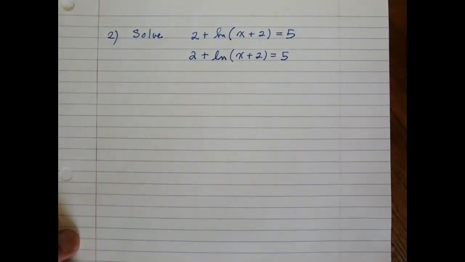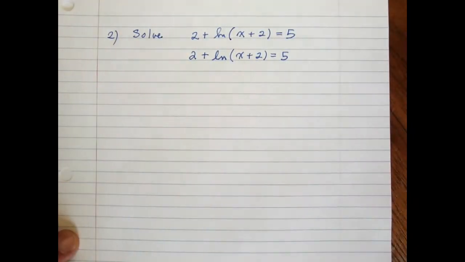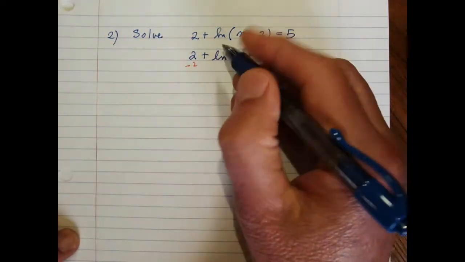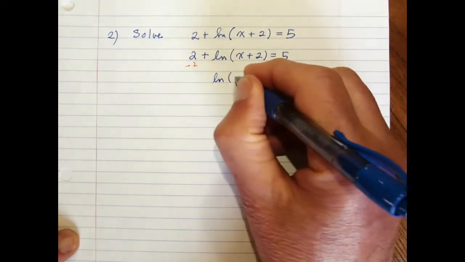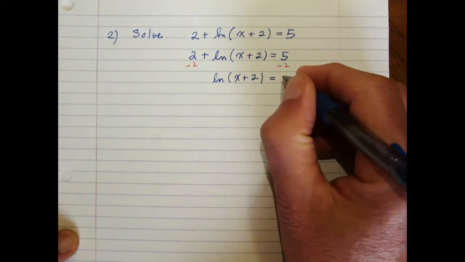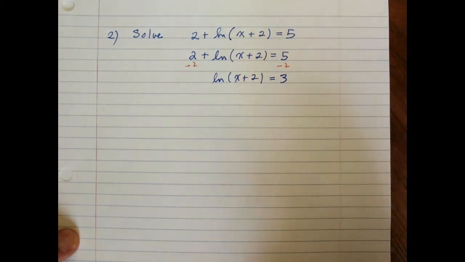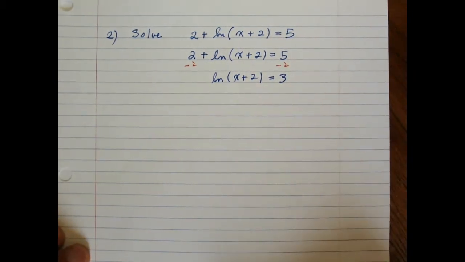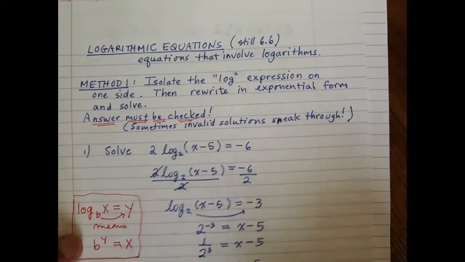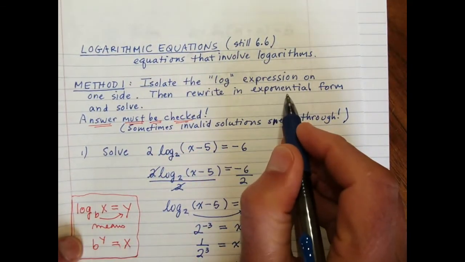So here I want to subtract 2 from both sides to isolate. And my log expression is ln. Really, this just gives us a chance to talk about ln again. And so I have ln of x plus 2 equals 3. Once the log expression is isolated, then I have to rewrite in exponential form.